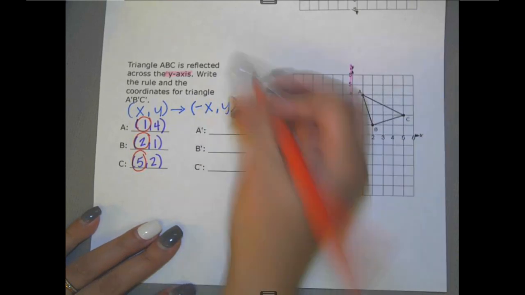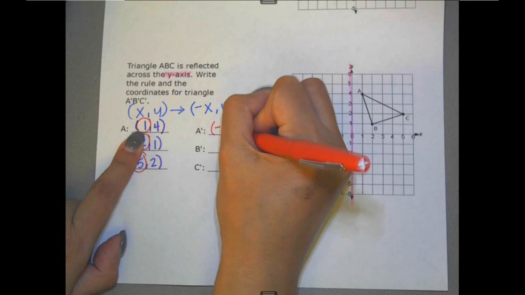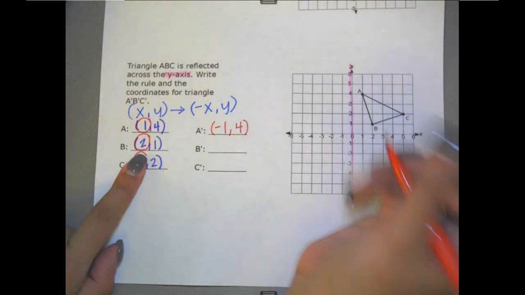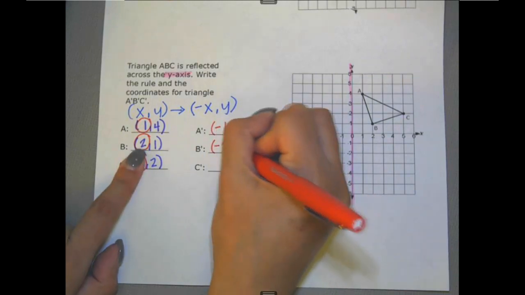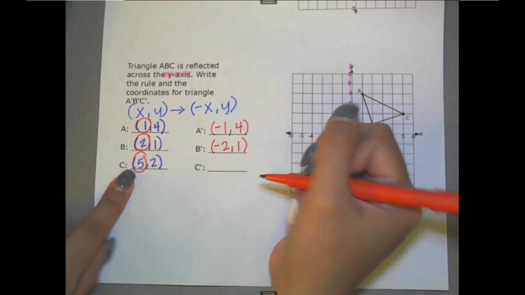So A prime, the opposite of positive 1 is going to be negative 1. Keep my y, so the 4 stays the same. For B prime, the opposite of positive 2 is going to be negative 2. Keep my y value, so the y stays the same.